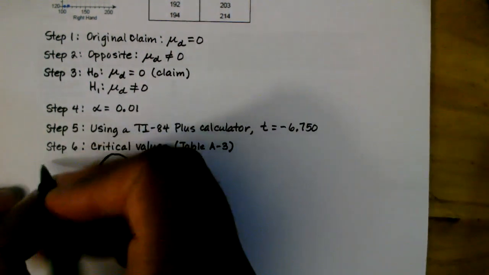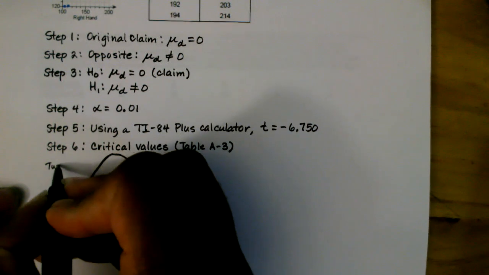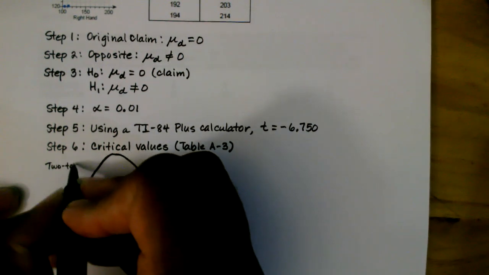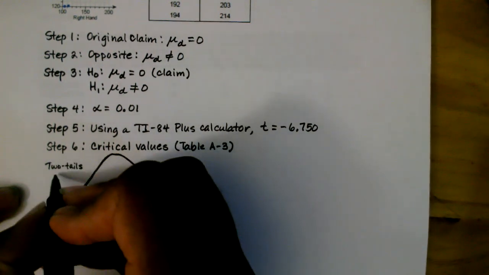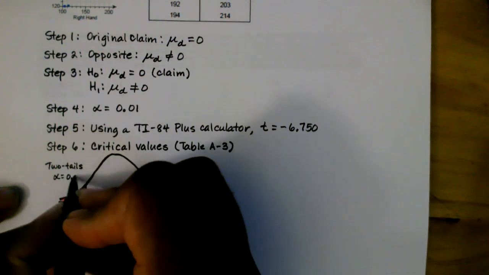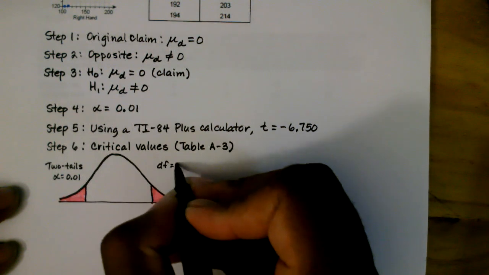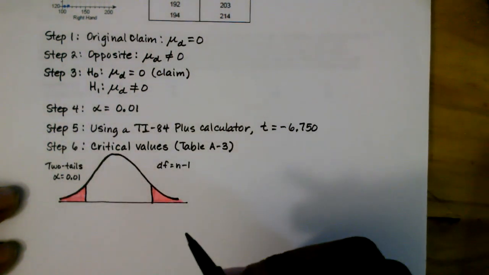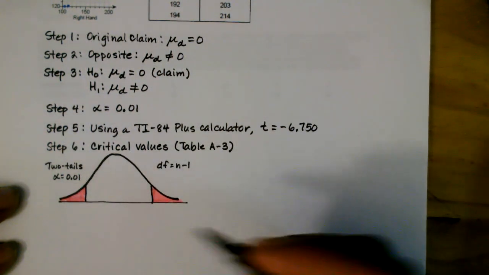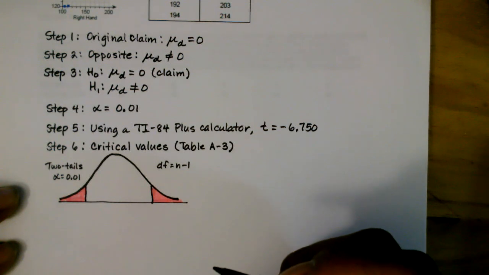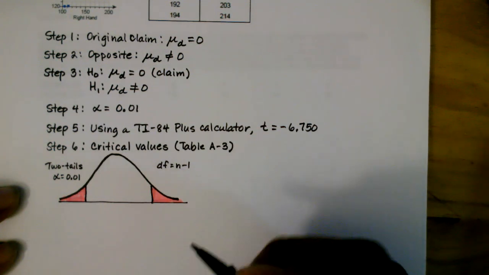Okay. So I'm going to make some notes here. This is 2-tailed, or 2 tails. The alpha level is 0.01. I also need something called the degrees of freedom. Your degrees of freedom is always going to be n-1 if I'm using the t table.